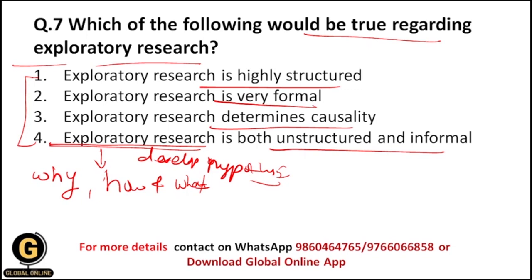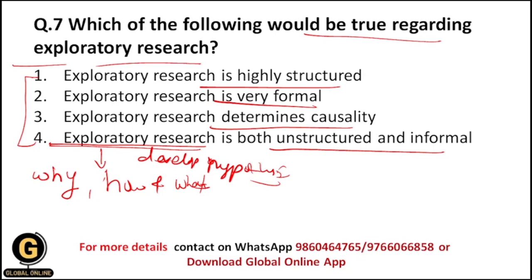As well, I can use unstructured format over here. I can use informal techniques, such as informal data collection methods. As well, exploratory research does not determine causality, because here we are going to develop the hypothesis only, and that's why we can't determine causality between the variables in such kind of research.